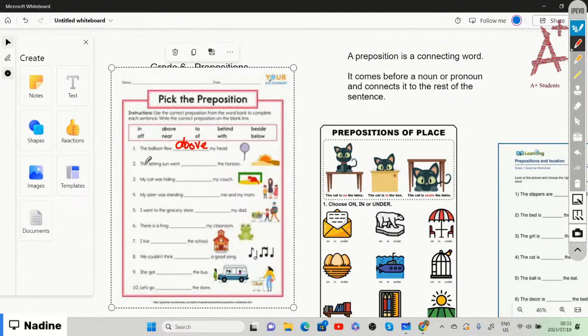All right. The setting sun went. Is it in, off, above, near, to, of, behind, with, beside, or below the horizon? We need to choose the correct one.